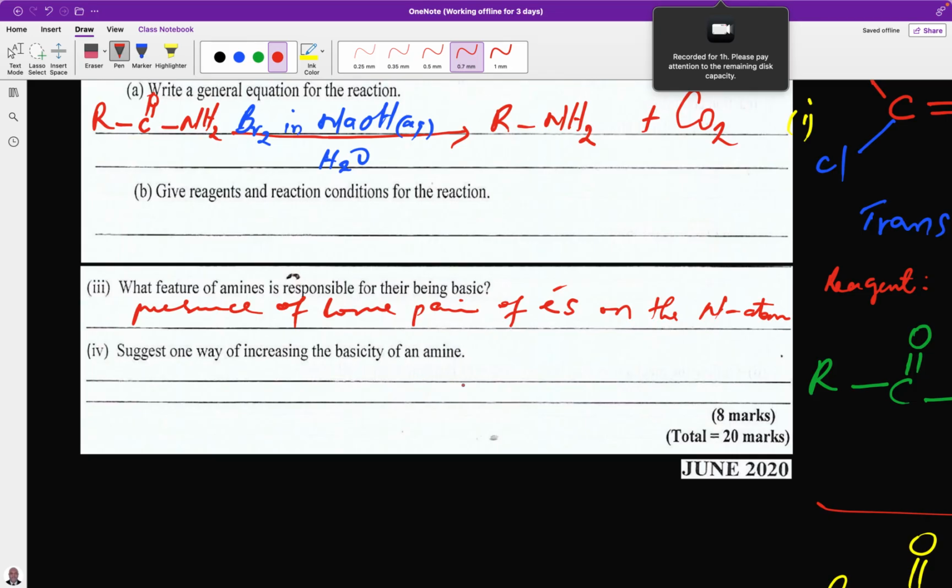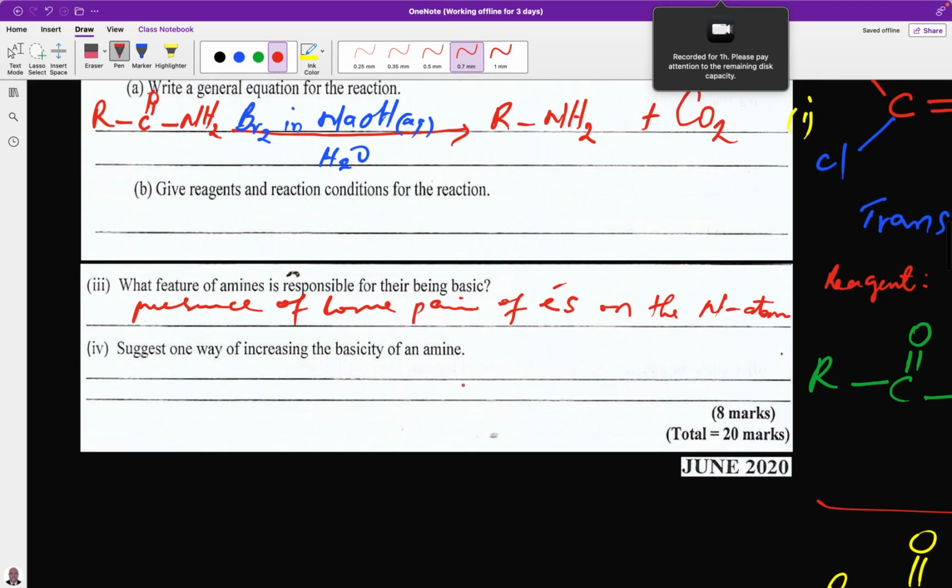How can you increase the basicity of an amine? The basicity of an amine will depend on the availability of the lone pair of electrons. The only way you can increase the basicity is to make the lone pair of electrons on nitrogen available for bonding.